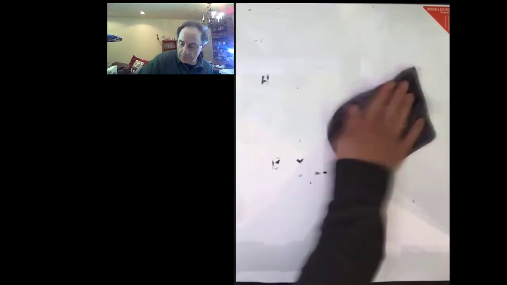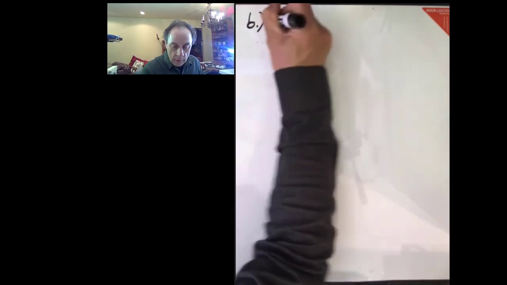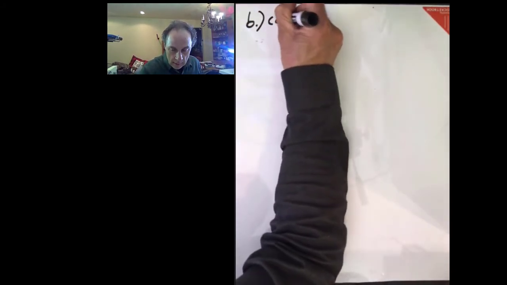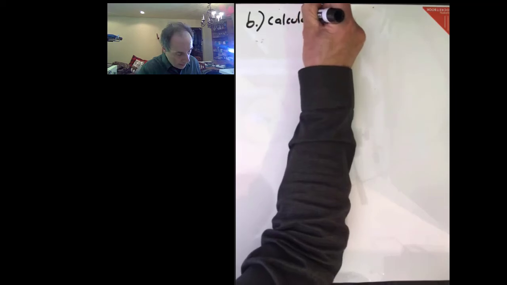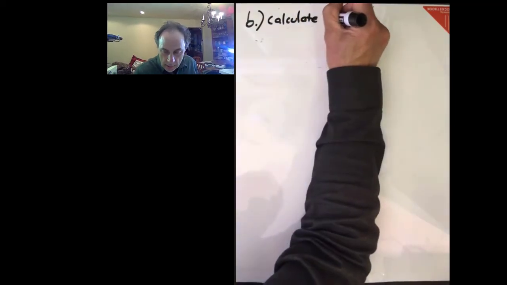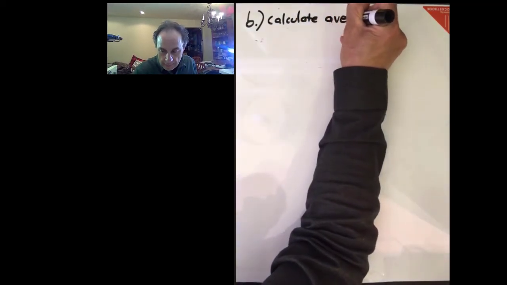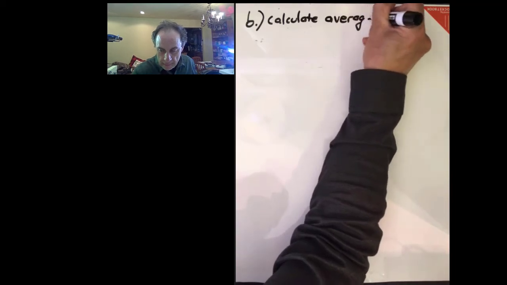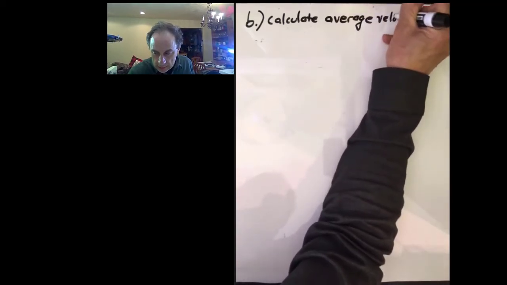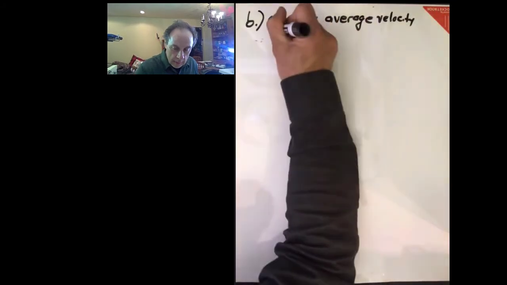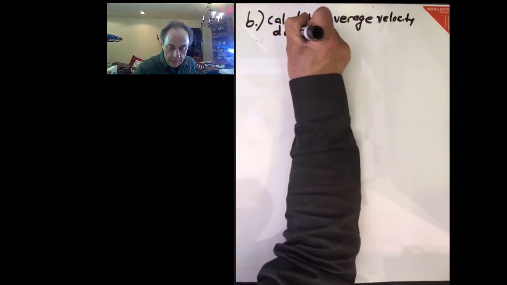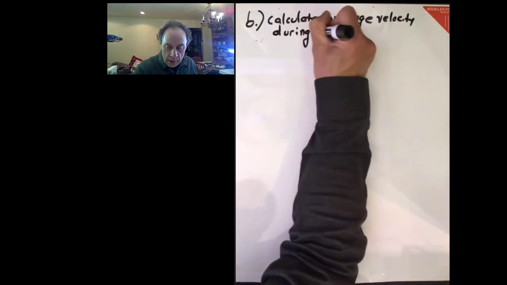Same problem. I erased it, but you have all the problem information. B. We're going to calculate the average velocity during each interval.